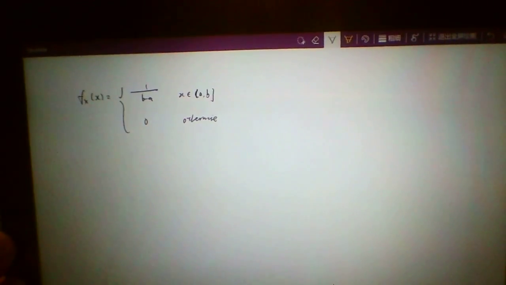So we can get that, and we just integrate.